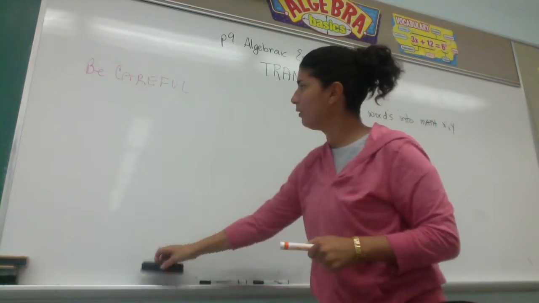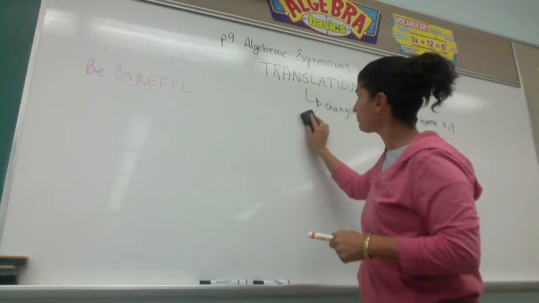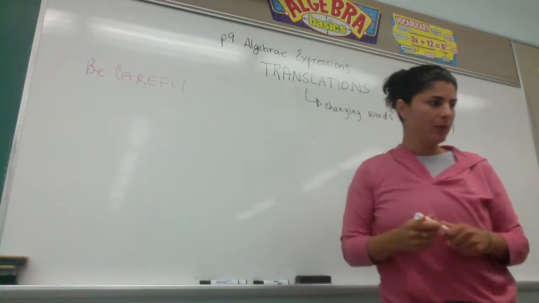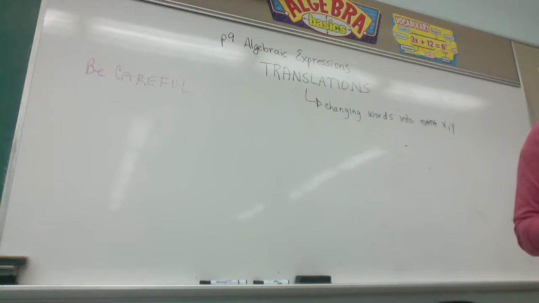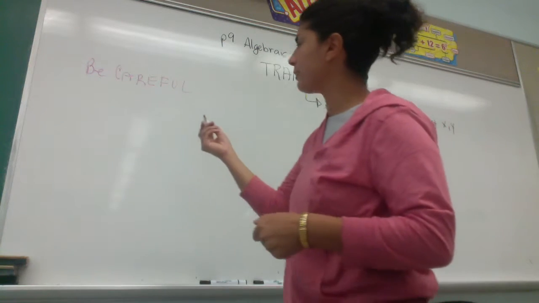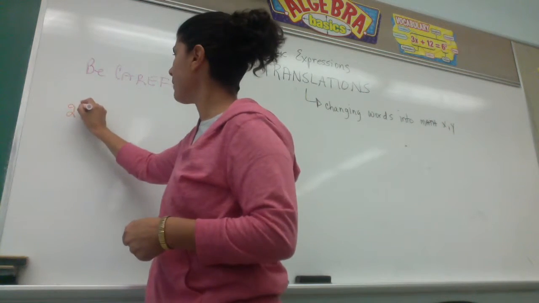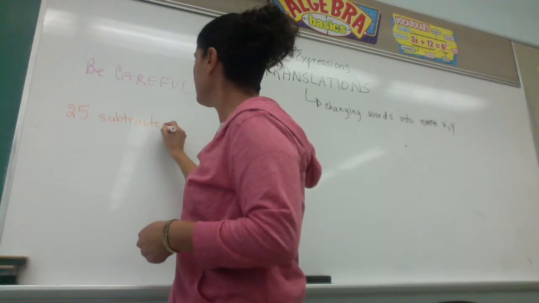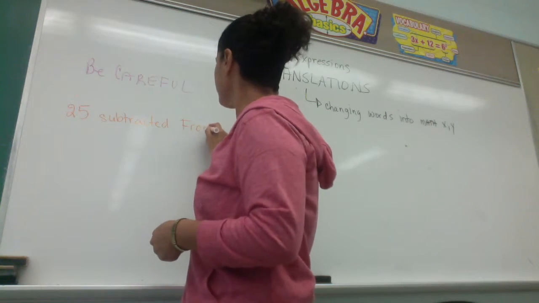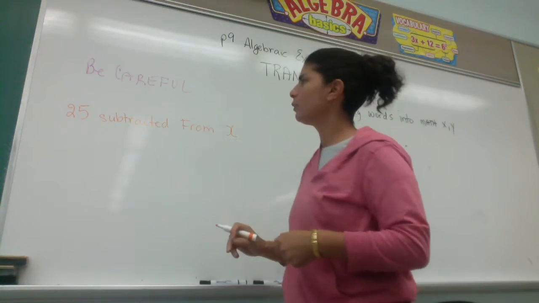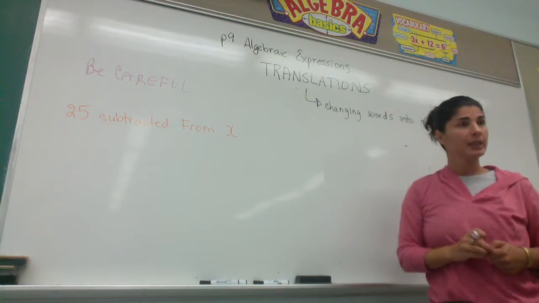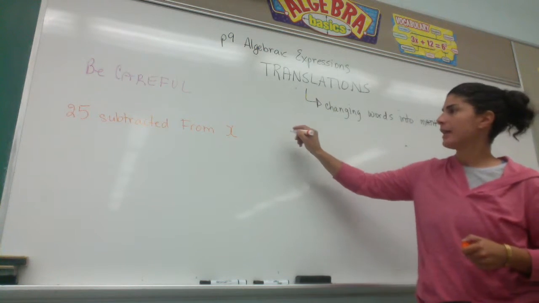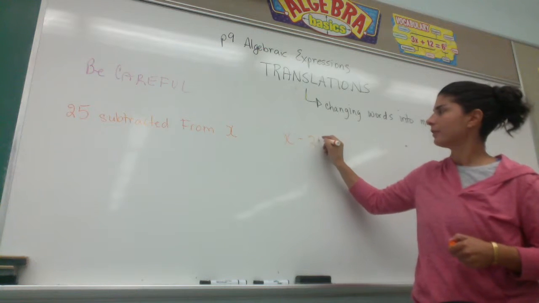All right, so now I'm going to give you some language that they use that you have to be a little careful with. For example, 25 subtracted from x. What would this look like? Yep. It's x minus 25.